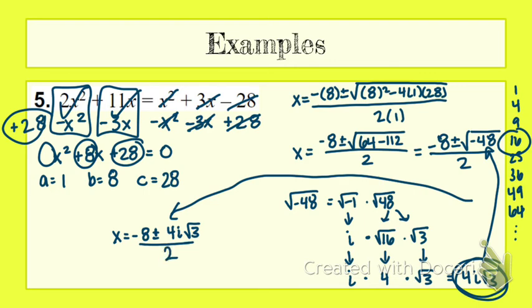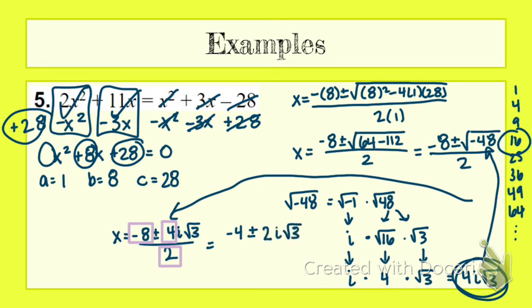So this time we still have our three numbers. We have a -8, we have a 4, and we have a 2. And we just kind of lump the i in with the radical. We're not going to touch those because they are special. But 8, 4, and 2 are all divisible by 2, so that's what we're going to do. -8 divided by 2 is -4, plus or minus 4 divided by 2 is 2.